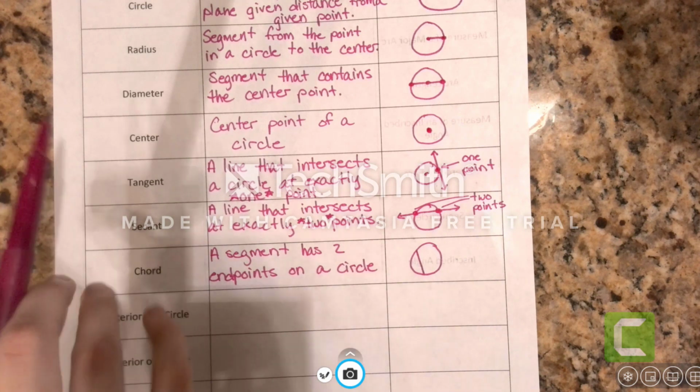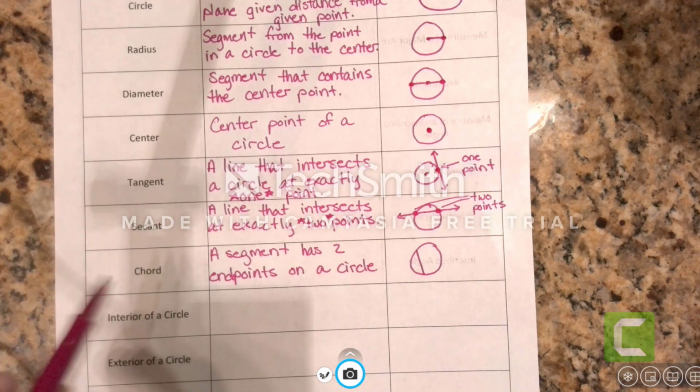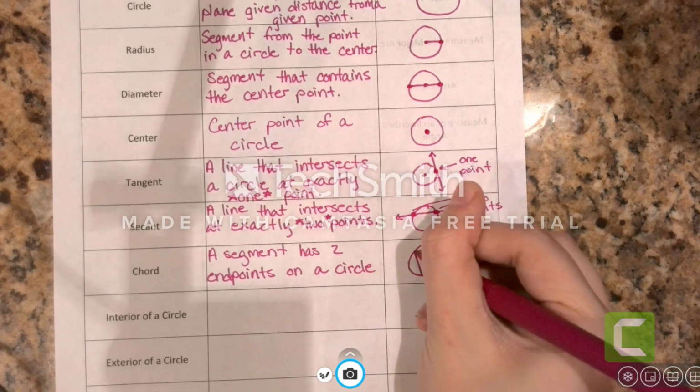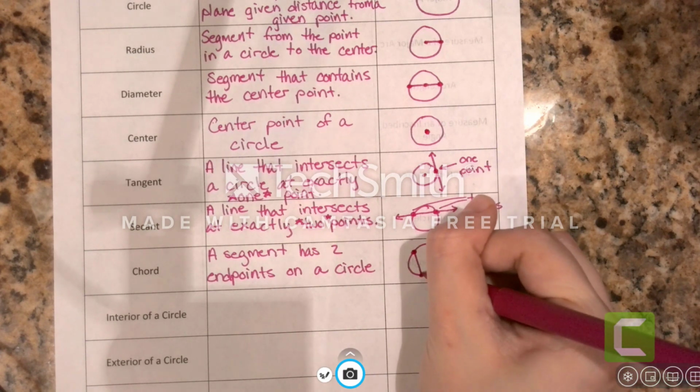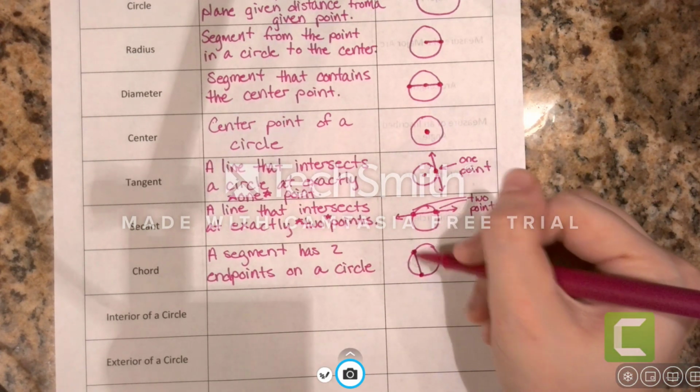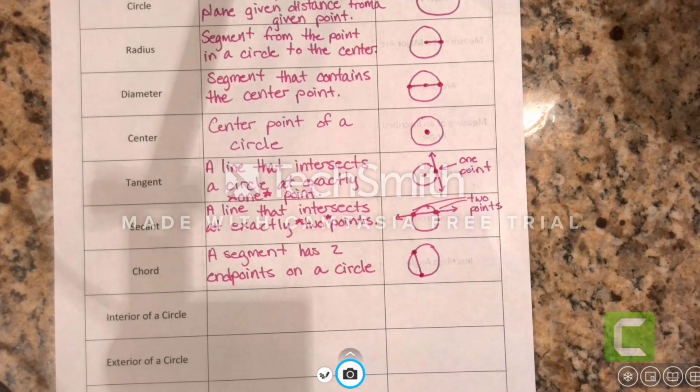There's specific parts of the diameter that make it true. Chords can be anything in a circle as long as the segment crosses through and intersects at 2 different points like this. So be sure not to confuse this with the diameter.